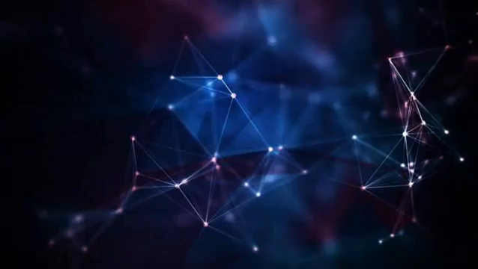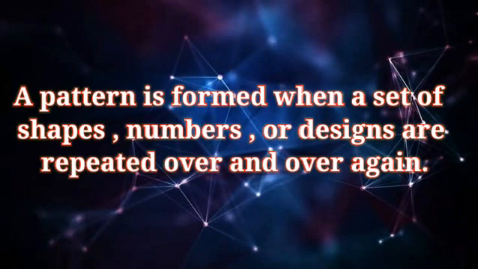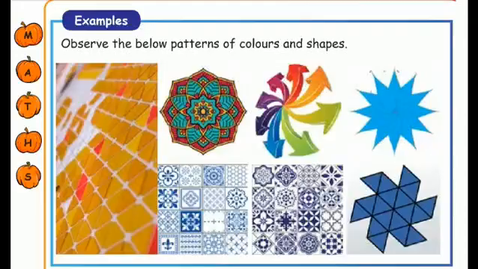Yes, a pattern is formed when a set of shapes, numbers or designs are repeated over and over again. Patterns are created when shapes, figures, objects, numbers, colors are arranged in a particular order, repeated over and over again.